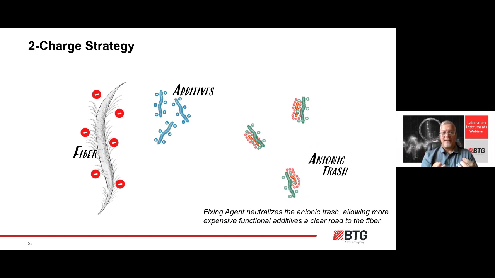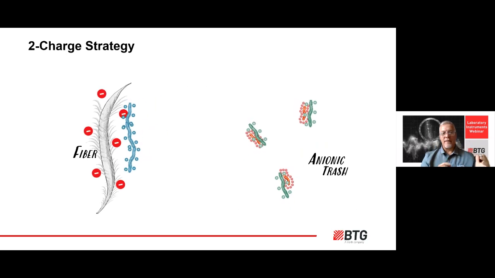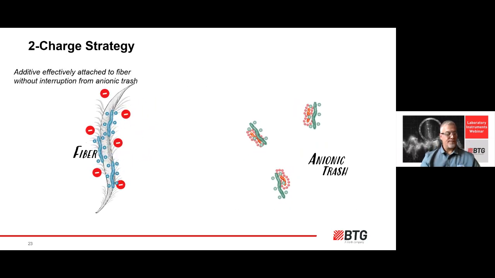So that when we bring the additives in, they have a much more clear path to go onto the fibers. And when they get over there, they can get in the sheet and they can do their job. And you can run at lower dosages because you're not wasting those fabulous blue additives over on the right with the anionic trash. And that is the first step in dealing with some of the challenges, the charge window understanding, and the rest of it is information from these lab tests.